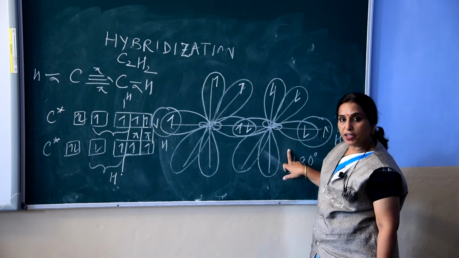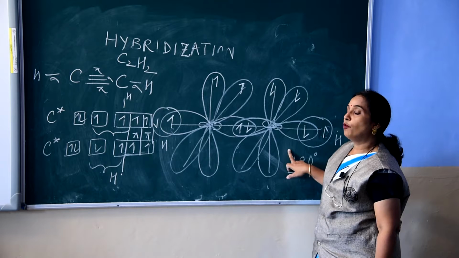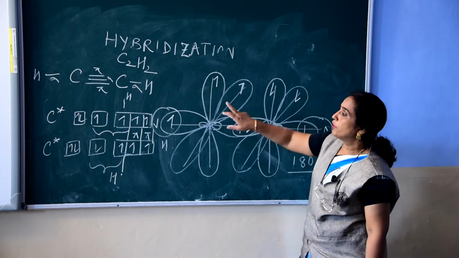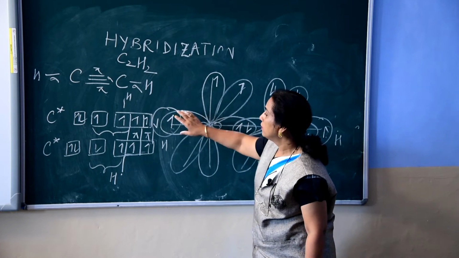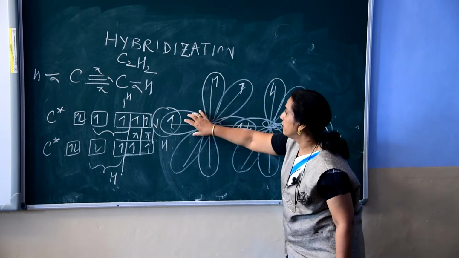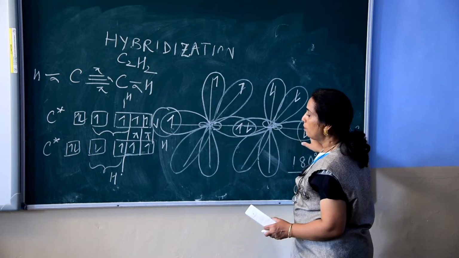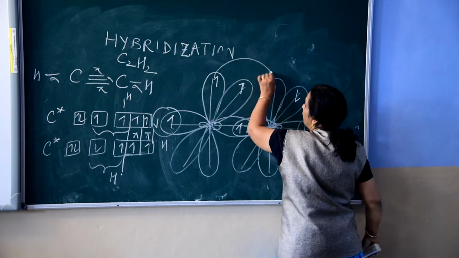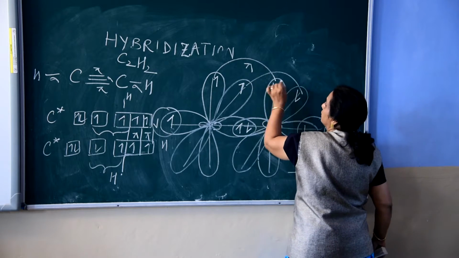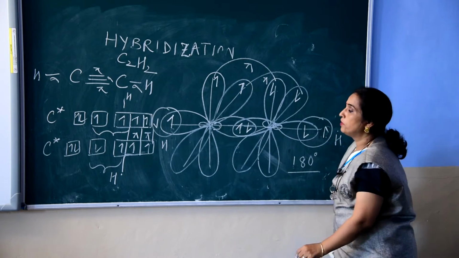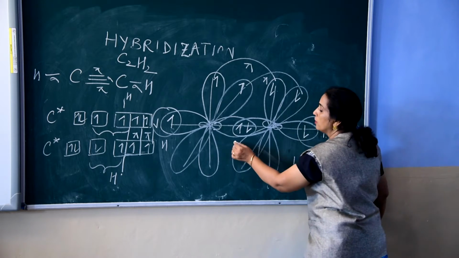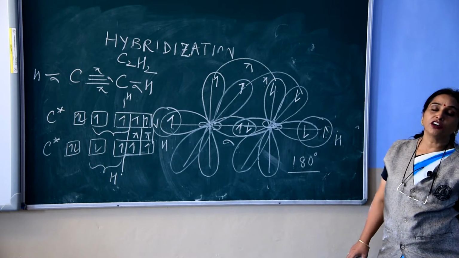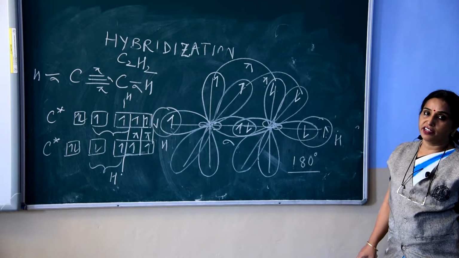Because it is sp hybridization, the bond angle is 180 degrees, and because the pi bonds are not involved in hybridization, the electron pairs are far apart from each other. We have one pi bond over here and the other pi bond formed here. Thus, through hybridization, we have 1 sigma and 2 pi bonds in acetylene.